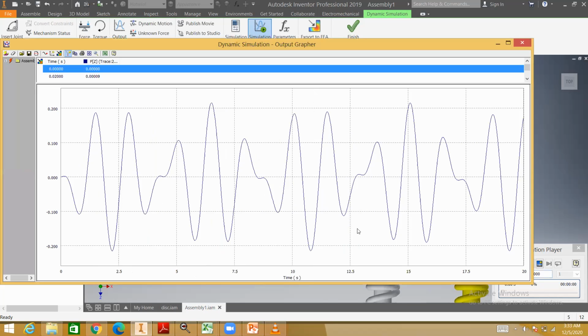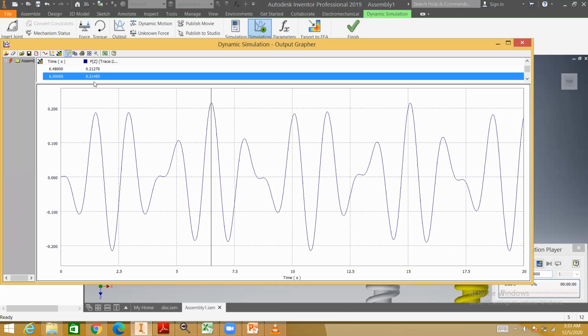Okay, so from this graph, we will get the maximum value. So this value is 0.214. Okay, you note down the value at 35 RPM.